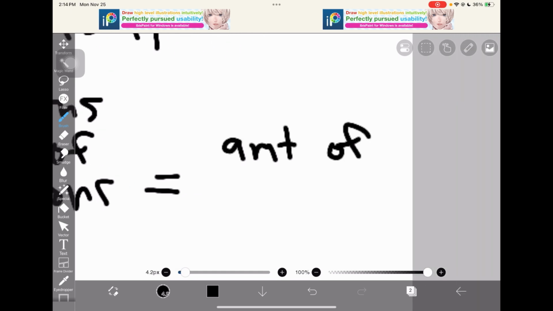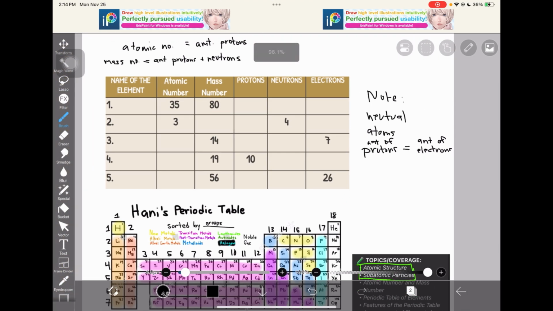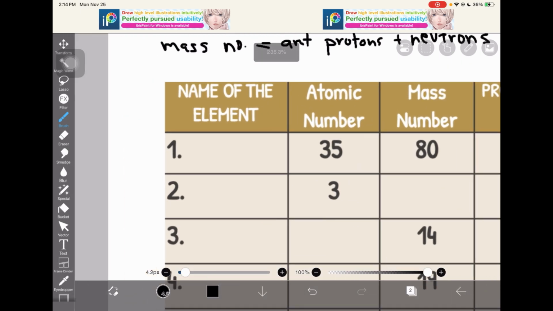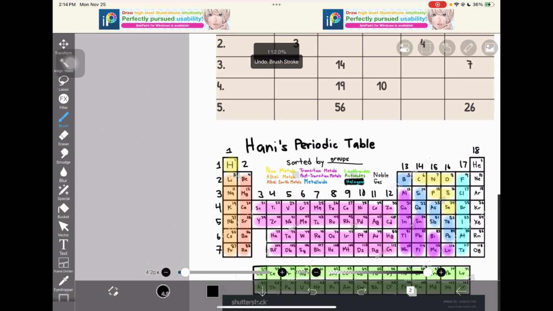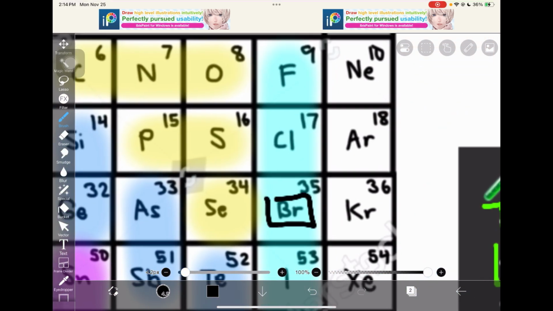Let me just write that down here. And from this fact, we can fill in everything here. So let's start with the first one. The atomic number is 35. The name of the element will have to be atomic number 35 on our periodic table. Looking at 35, it's Br, which stands for bromine.